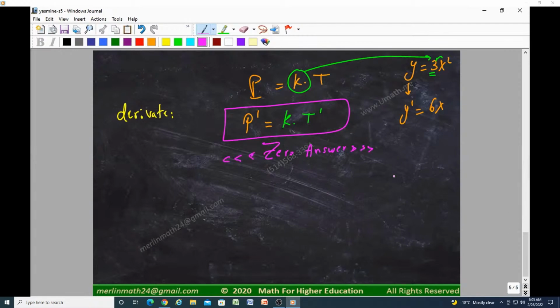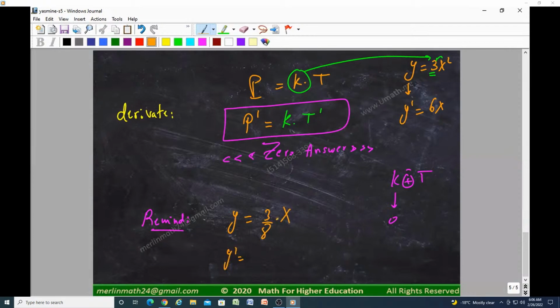Okay, K plus T. If you derive K, this is 0, if there's a plus or a minus. But when there's a times or division, the derivative of the K is not a zero. So I want to remind you, when y equals 3 over 8x, so what is your derivative? Do you say this is a zero?